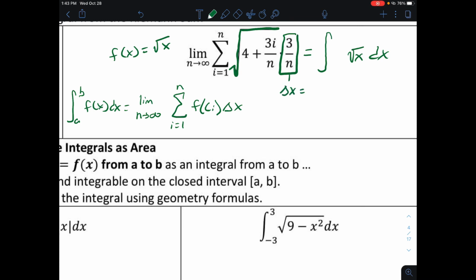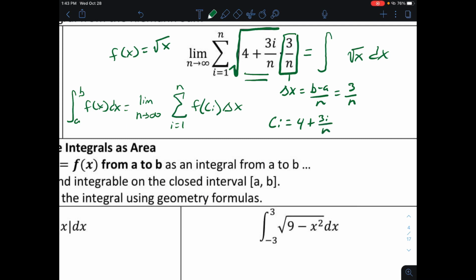So if my change in x is equal to 3 over n, that means b minus a over n has to equal 3 over n. So the overall space from a to b is going to be 3. Well, to figure out what a is, I need to determine my corner expression, which is what's on the inside here. So 4 plus 3i over n.